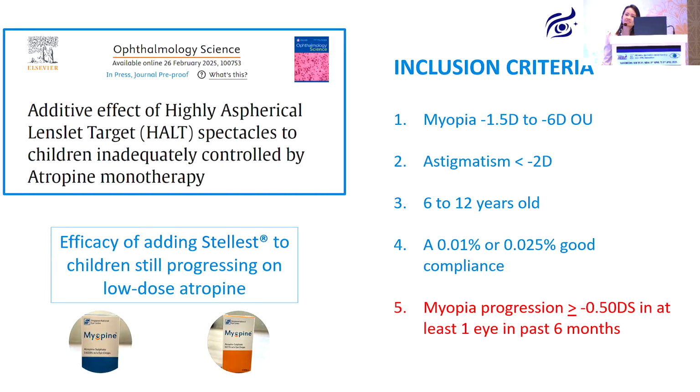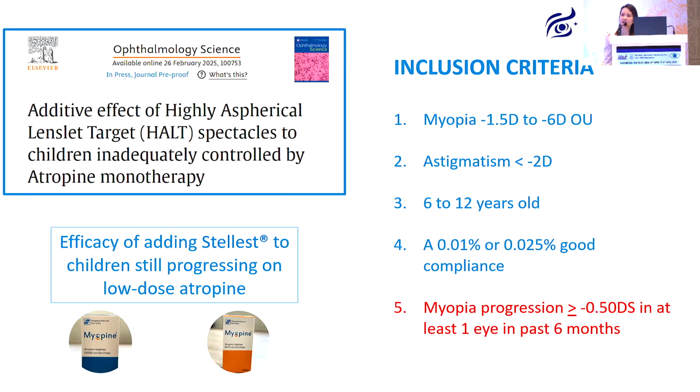I'm going to present this study that was performed at the Singapore National Eye Centre. It is a study about combination therapy, combining Stellest Essilor lenses with atropine therapy, and whether or not this will help to slow down myopia progression in children compared to just low-dose atropine alone.